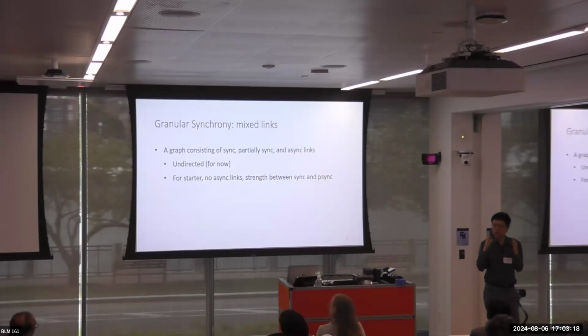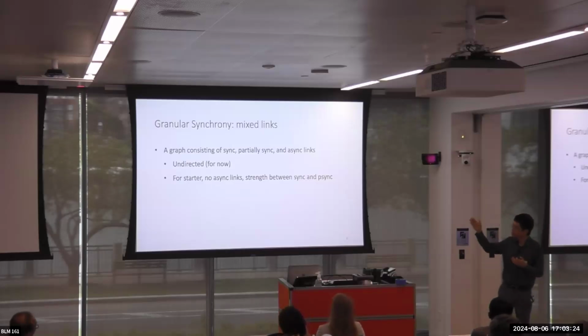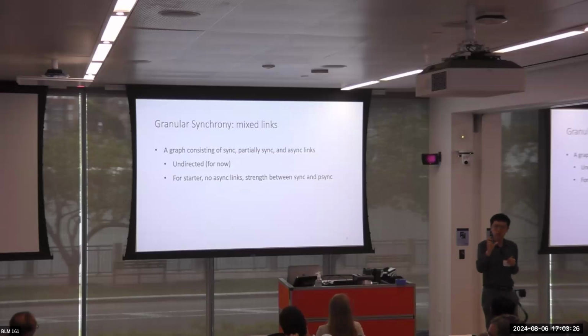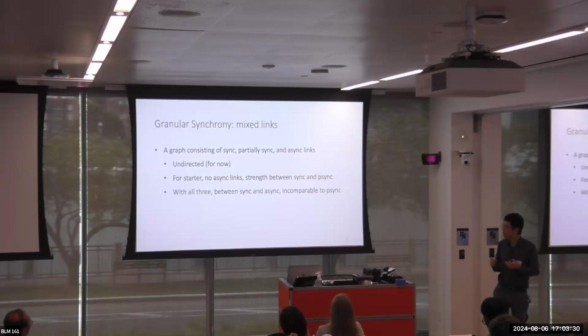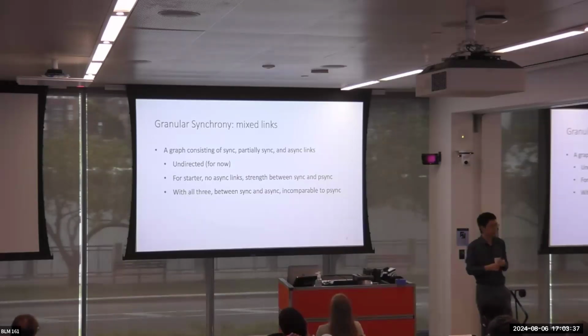We have a network consisting of a mixture of synchronous links and partially synchronous links that will put our model in terms of strength strictly in between synchrony and partial synchrony. But later, when we add back asynchronous edges, you will see that this becomes incomparable to partial synchrony, because we have some synchronous links and some asynchronous links that are both stronger and weaker than partial synchrony.